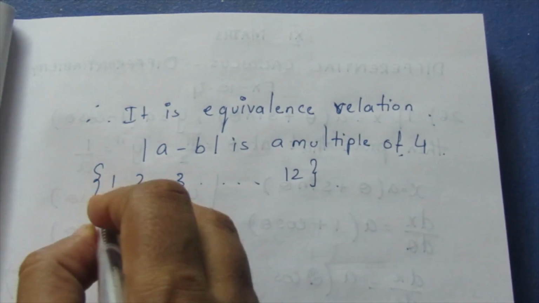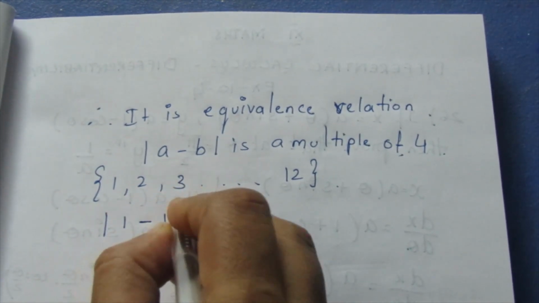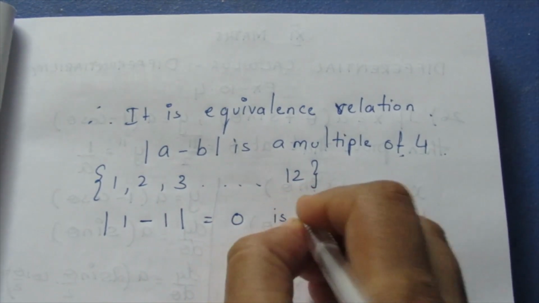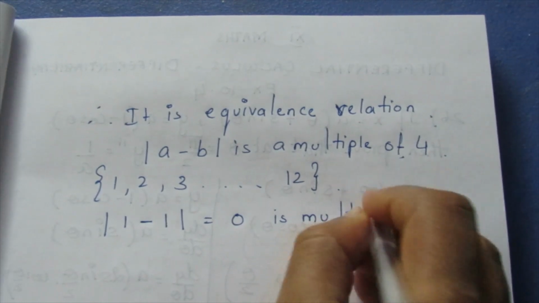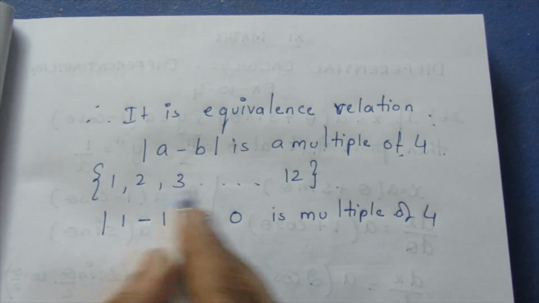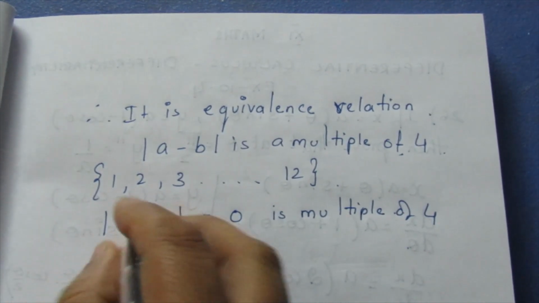Let me write modulus 1 minus 1. It will become 0. It is a multiple of 4. Same way we can write all the numbers: 2 minus 2, 3 minus 3, 4 minus 4. The same, it will come as 0, we can take all the numbers.